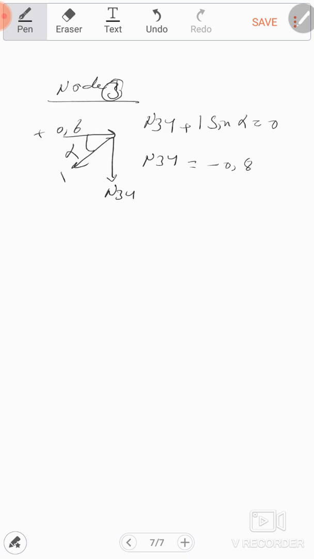Yeah, this is enough because node number 4 is the same as the previous one. It looks like the same steps as node number 2, but I just solved this one to make sure how we can solve this joint if we have 1 kilonewton, because our figure looks like this.